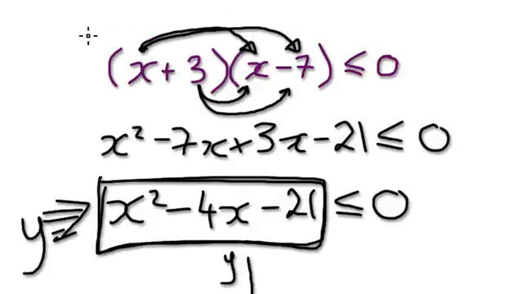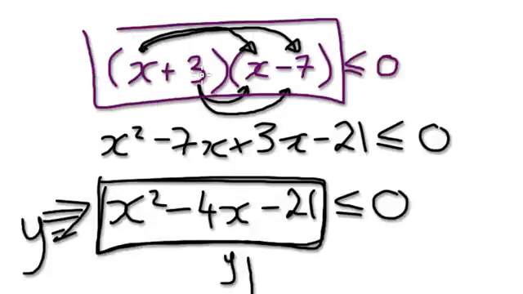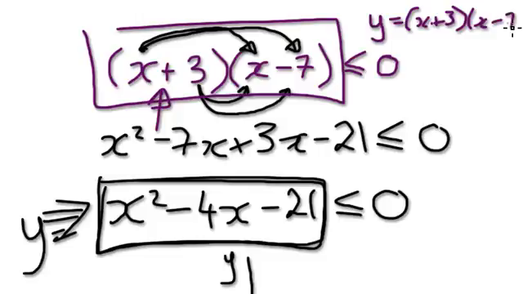Looking at this here, you know one of the two brackets will have to be 0. When you're trying to draw a graph of y equals x plus 3 times x minus 7, if you're trying to find out the roots, meaning that this is 0, either this bracket will have to be 0 or this bracket will have to be 0.